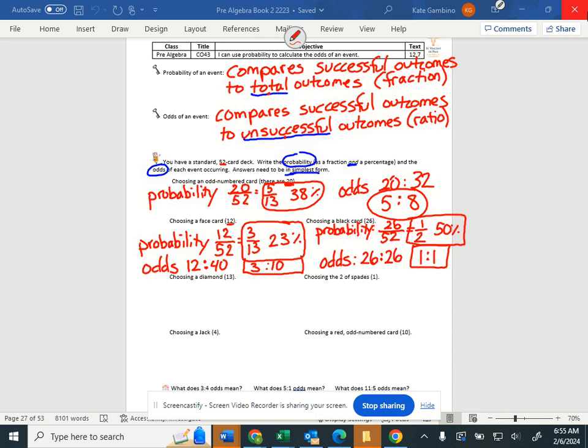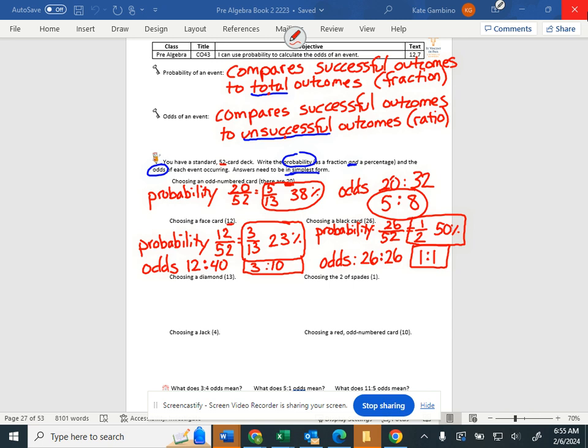This is a 2-page assignment. I would like you to have the entire first page done, and I want you to try the second page. We are going to go over that second page more tomorrow. So make sure we are correcting the first page tomorrow, and then we're going to go over the second page, making sure we understand probability and odds and how to find it.